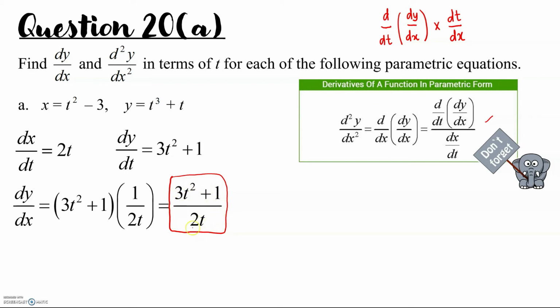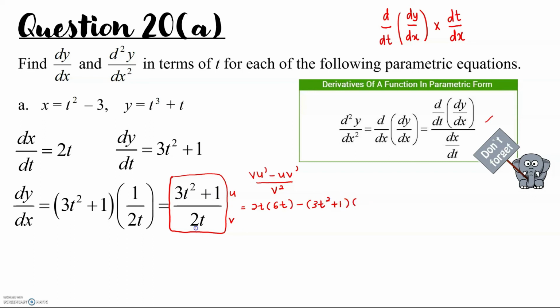To differentiate this one, we use the quotient rule. So u here and v here, so use (v u prime minus u v prime) over v squared. So we got v, just copy back 2t, and then you differentiate u, you will get 6t, minus you copy back u, so we got 3t squared plus 1.